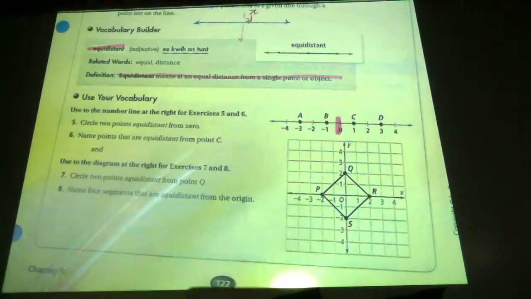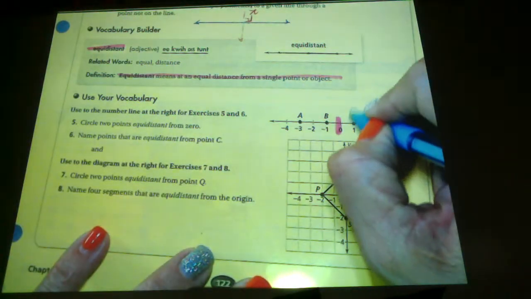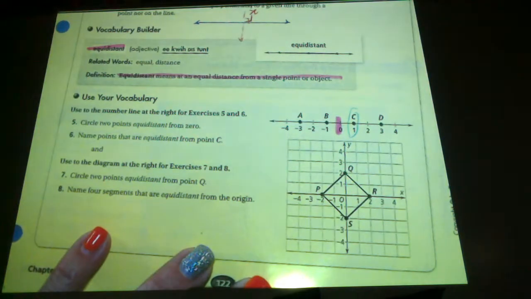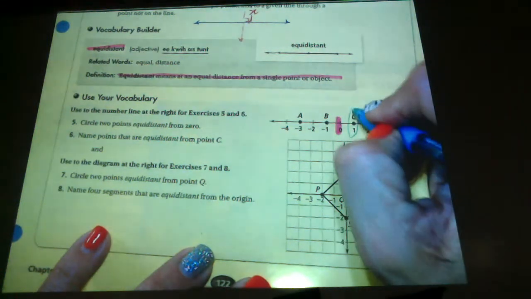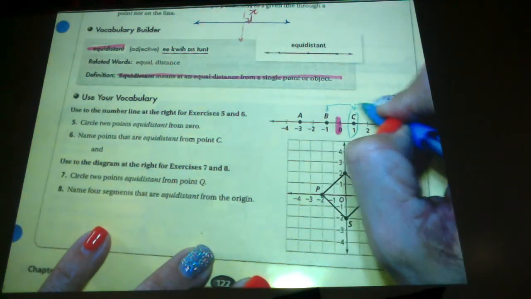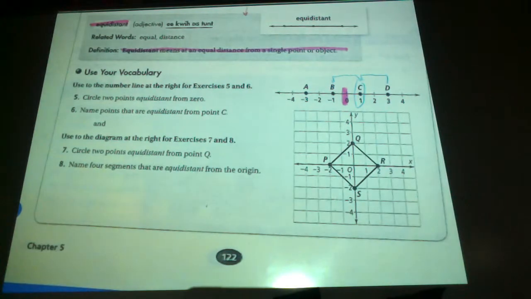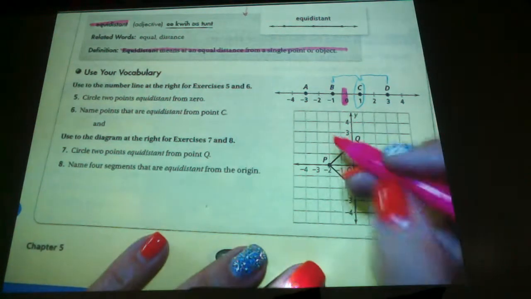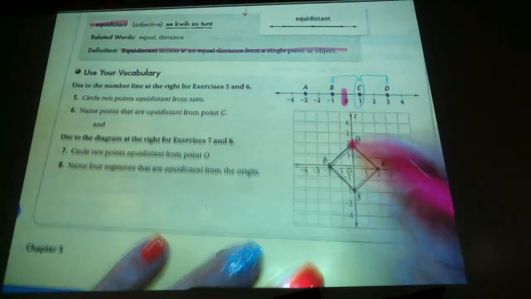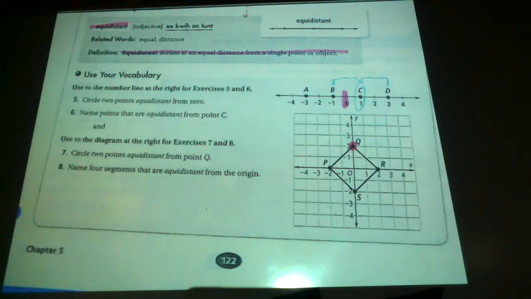So now I'm looking at point C. What points are equal distance from point C? So B and D, and how many units are they away? 2 units. Then you can look at the coordinate grid instead, and you can say, okay, look at point Q. Which points are equal distance from Q, and how do you know?